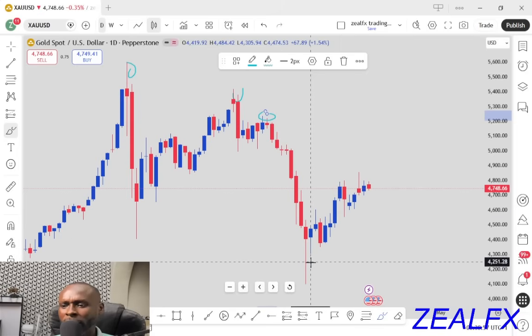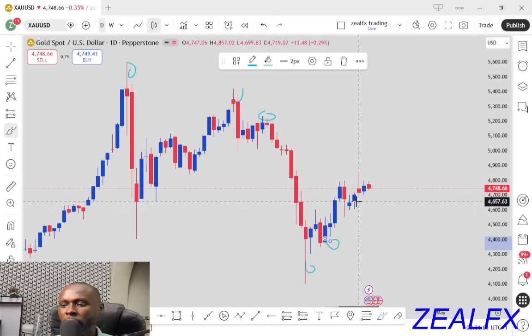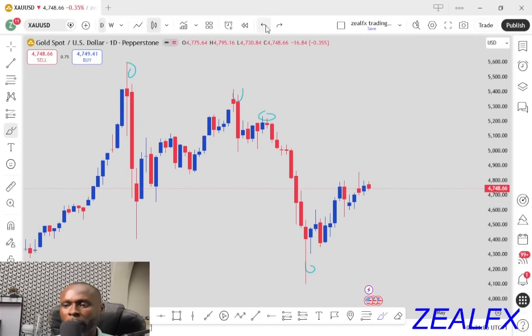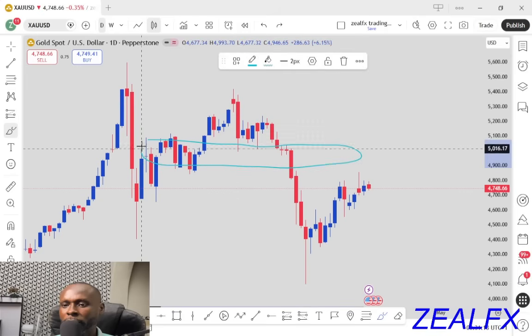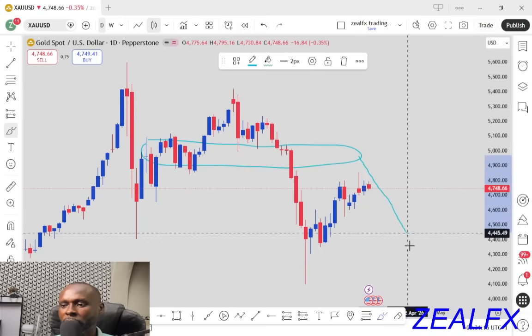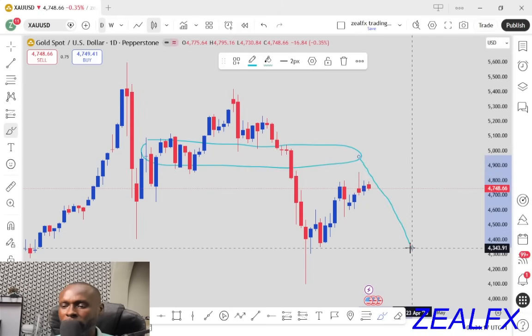But we have an inner structure, which is this lower low, then higher low, then higher low. So long as we have this inner structure of higher lows, this indicates we still expect possible buying opportunity for gold to this next resistance level. Then we can start looking for sell for the gold USD.